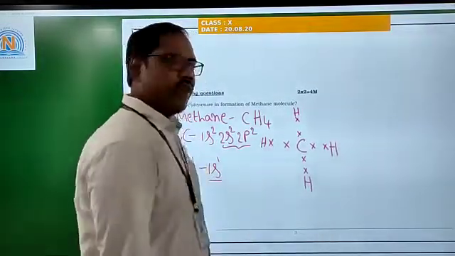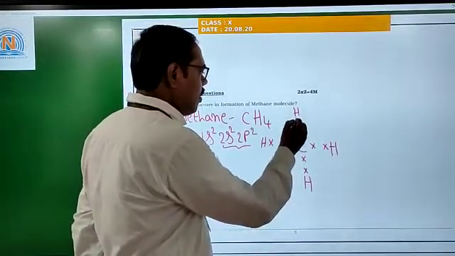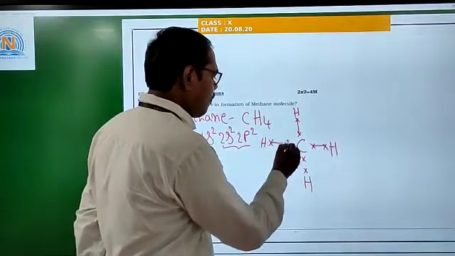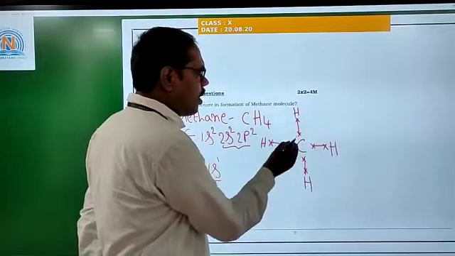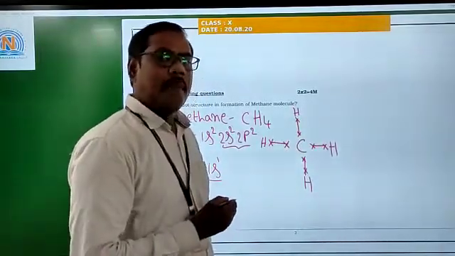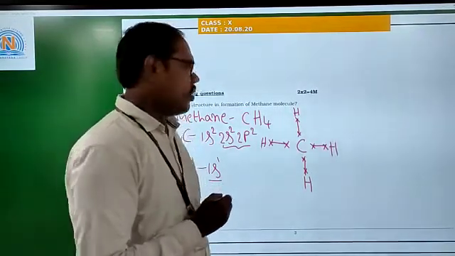Carbon contributes the 4 electrons. Then between these electrons, pairing and sharing occur. These 2 electrons are paired, and likewise for each of the four pairs. Later, the paired electrons are shared by the carbon and 4 hydrogens.